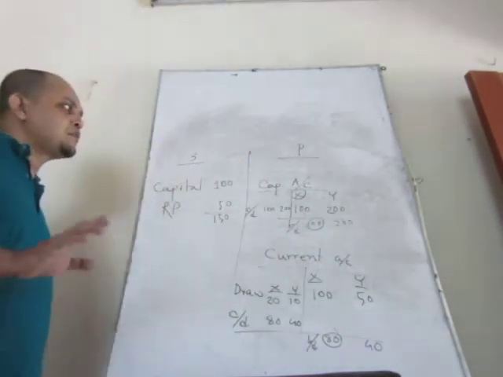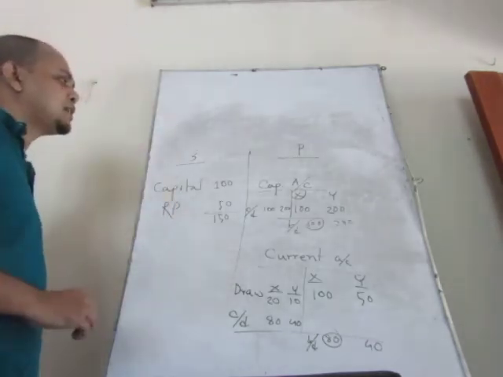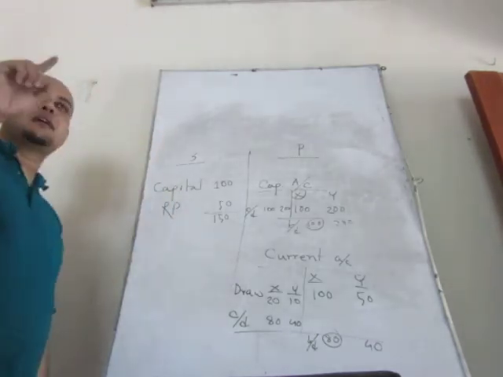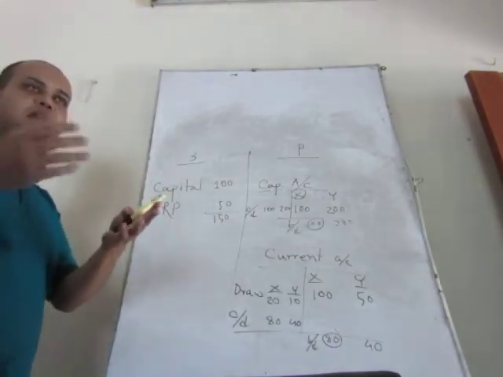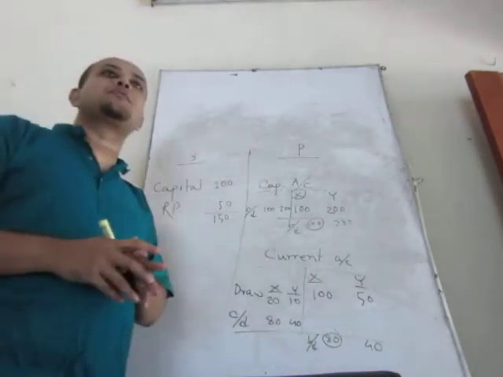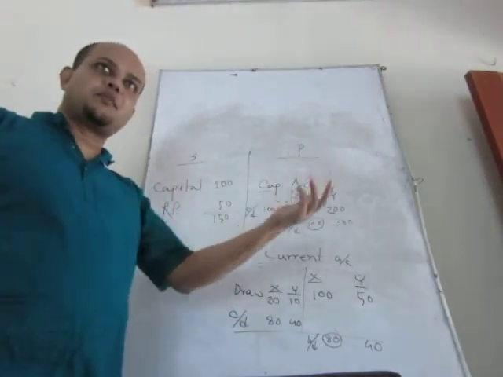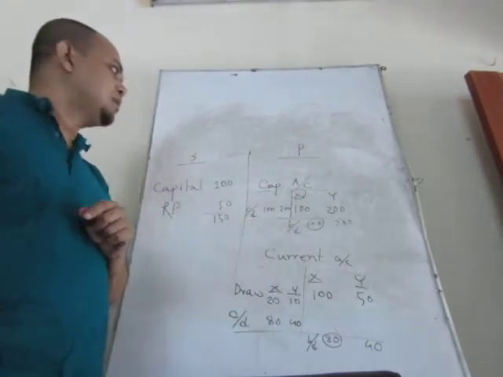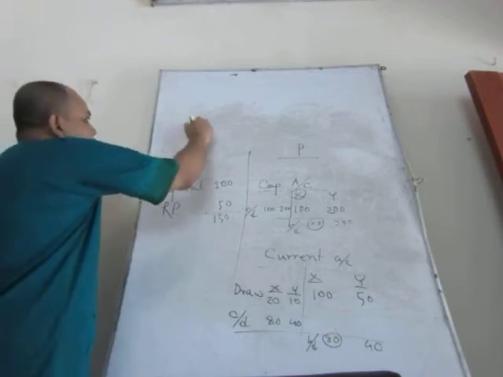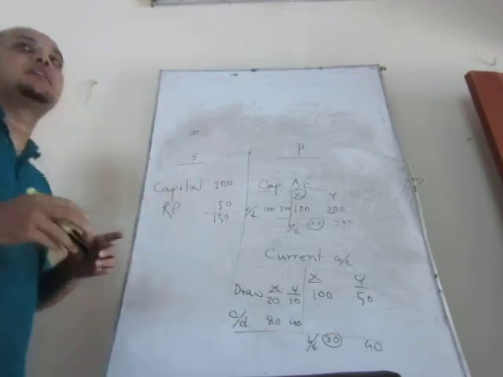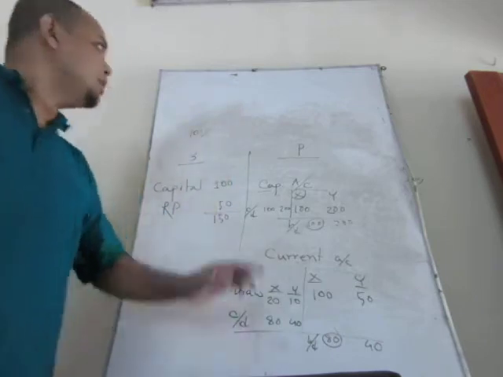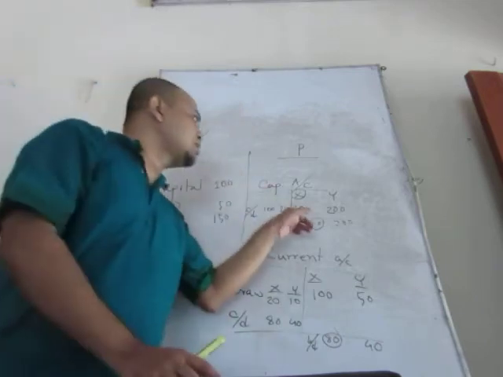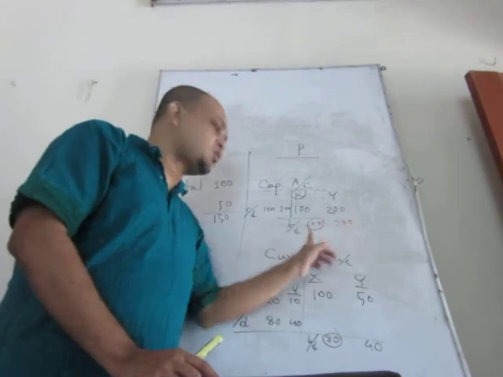One important note you have to remember, that is the percentage on capital that we have discussed. Interest is a percentage of capital, which is a kind of appropriation of profit between the partners. Suppose 10% of capital is provided as a kind of interest. This 10% will always be on the fixed amount of capital, not on the current account.